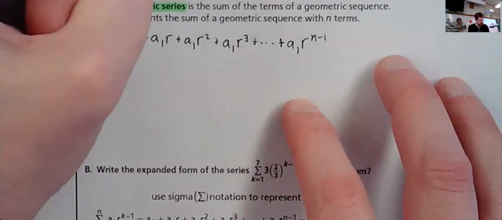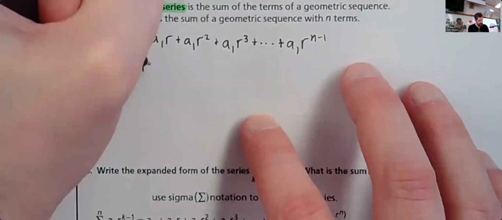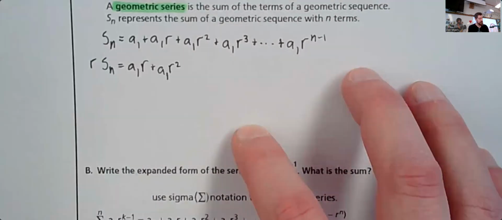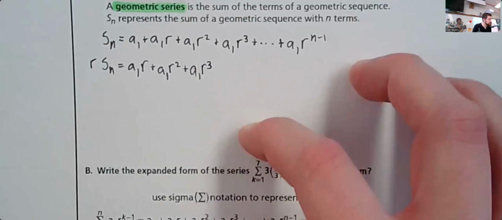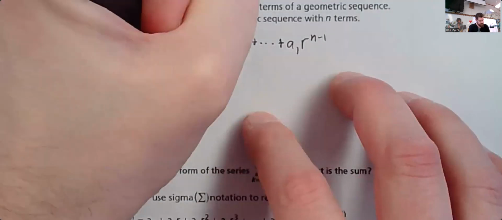So this first term would be a sub 1 times r. The second term would be a sub 1 times r squared. The third term would be a sub 1 times r cubed. And so on and so forth.